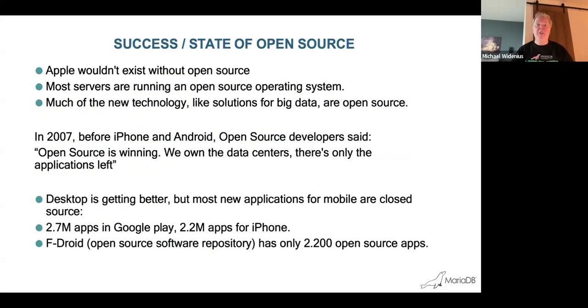So how successful is open source? Most of the big companies that exist wouldn't exist without open source. Apple built everything originally on open source. It's not so open anymore, but without open source, there would be no Apple. If you look at the data centers, most of the code is open source. And much of the new technology, especially among SaaS providers, is open source.